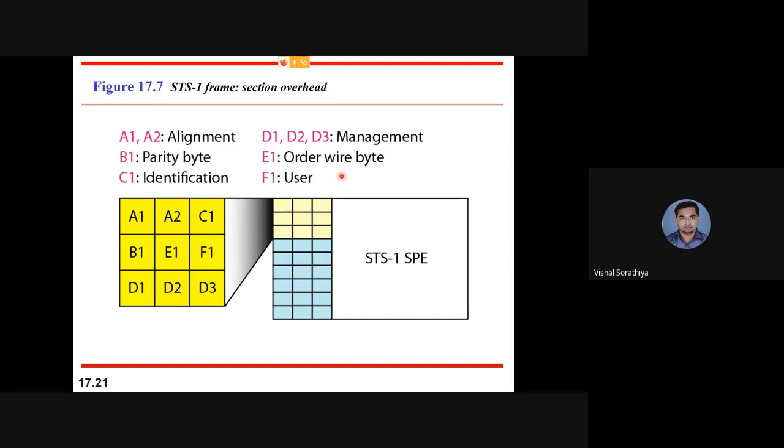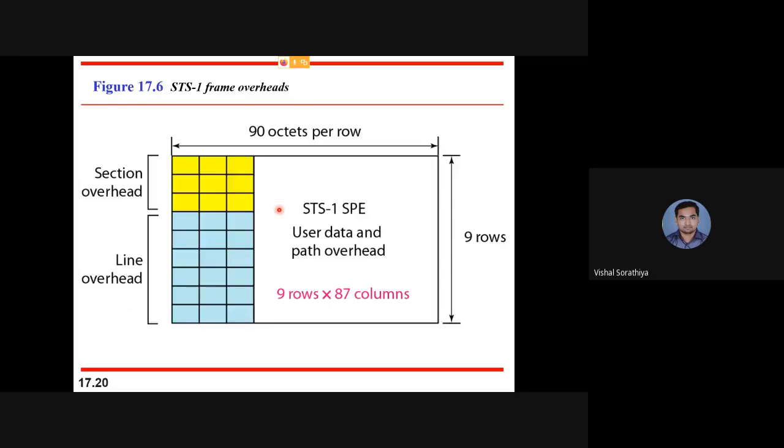Then there are order wire bytes, identification, and user bytes. So the basic information is the source identification, what message is actually contained, and the frame alignment, whether it starts in between or right at the first position. Likewise, these are the basic fundamental bytes and information situated in the first 3 by 3 portion.